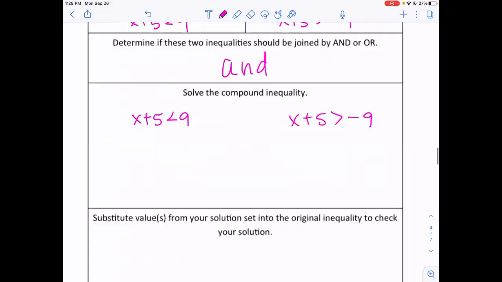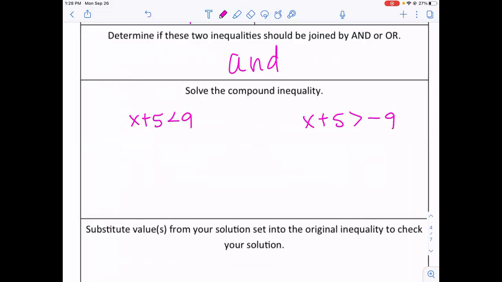What do we need to do to both sides of this inequality? We gotta subtract 5 from each side. So x is less than 4. And we need to subtract 5 over here. So x is greater than 14.